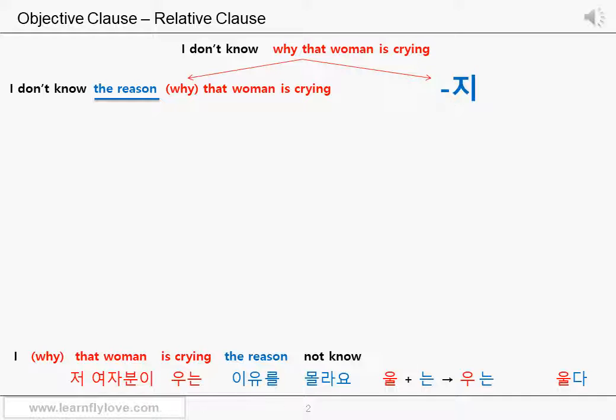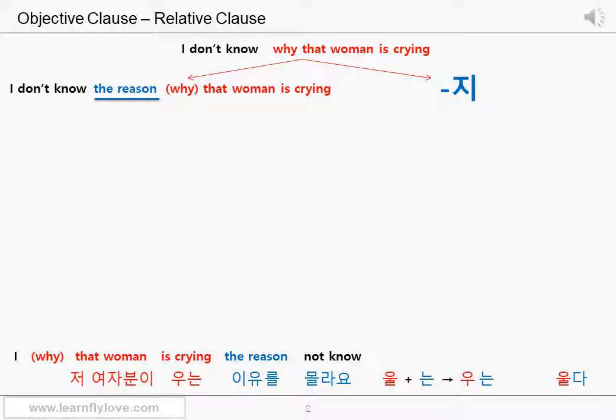That woman is crying. 저 여자분이 우는. The reason. 이유를 not know. 몰라요. 저 여자분이 우는 이유를 몰라요. It's a perfect sentence. You don't even have to learn the second way.